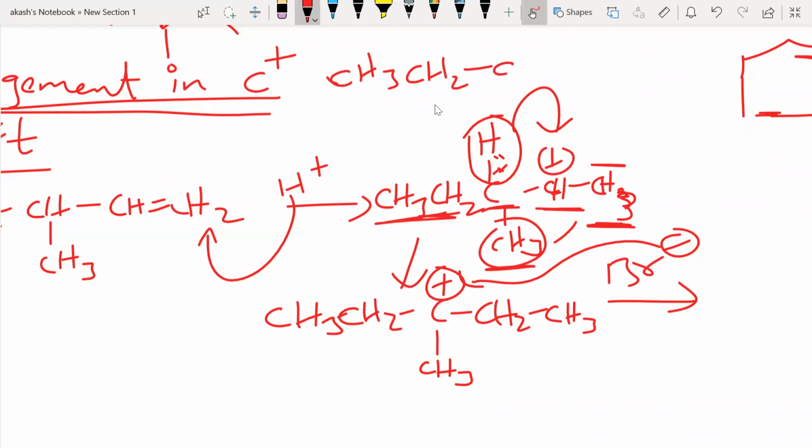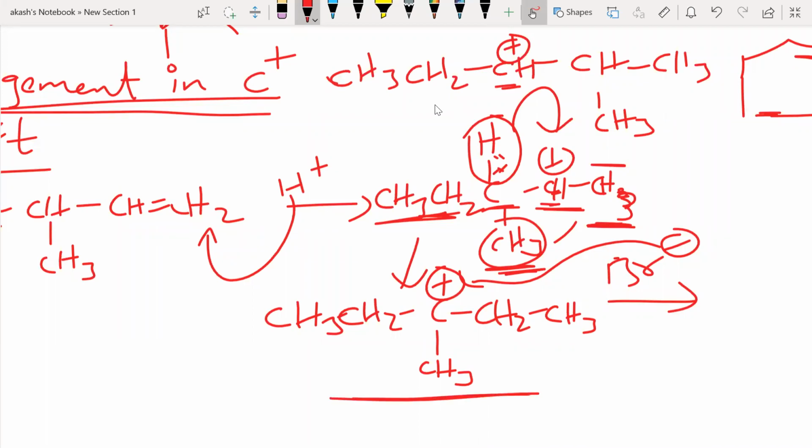Now I have a CH, right? The alkyl group is gone, so now I'll get a carbocation here. Now what happened to the next one? CH3 will come here and CH3 will come here. Now if you shift your CH3 to this, what is happening? Secondary carbocation, again a secondary carbocation only because the CH3 are shifted here. But if you shift hydrogen, as I told you, then you can end up with the tertiary carbocation. Look at the difference between this and this.